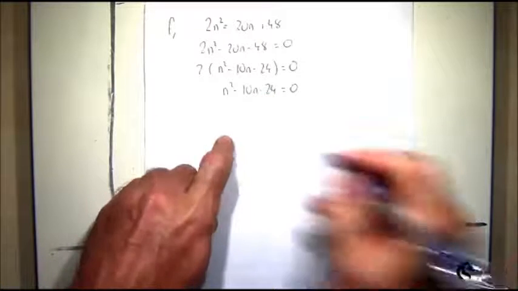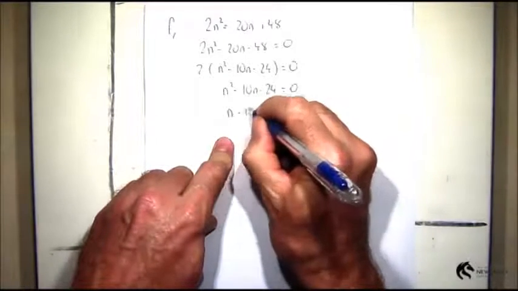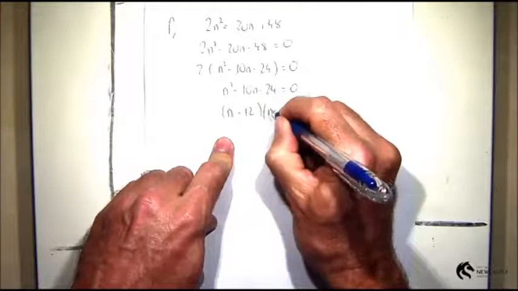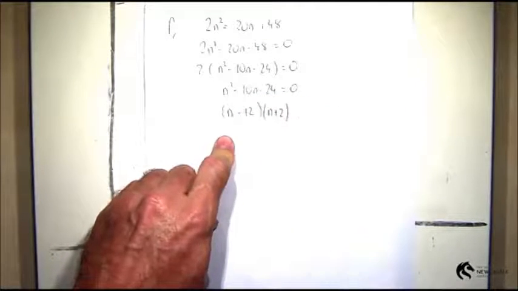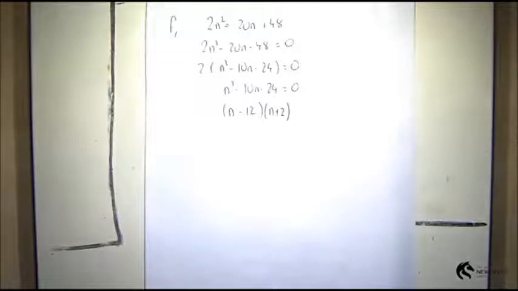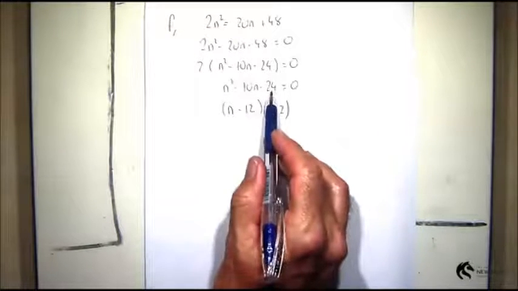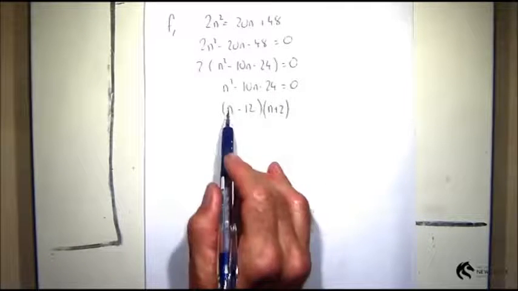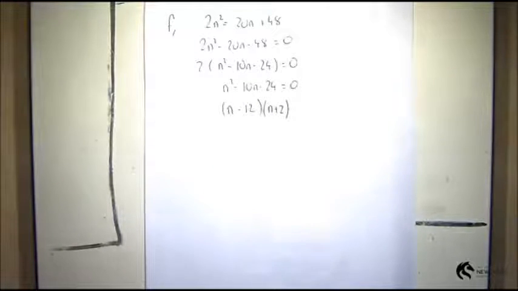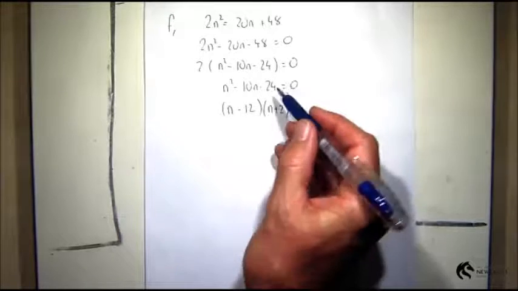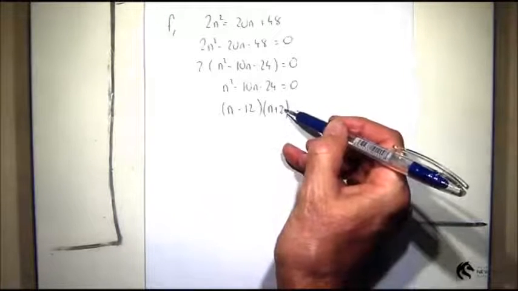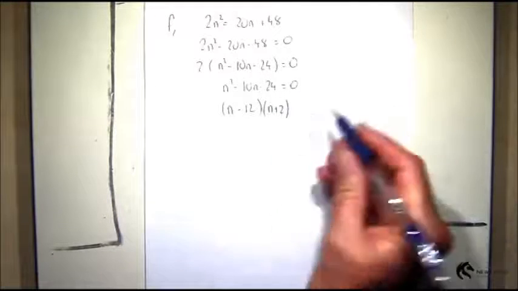And so I think my numbers are going to be in there, minus 12 and plus 2. Minus 12 times 2 gives me minus 24. Minus 12n plus 2n is minus 10n. So I'm assuming that you can get from that step to that step. That's your factorisation again.